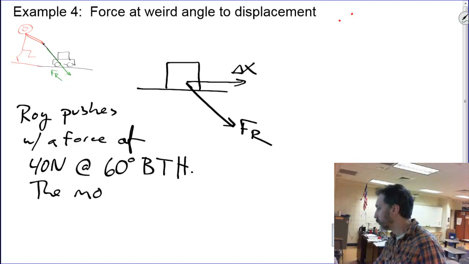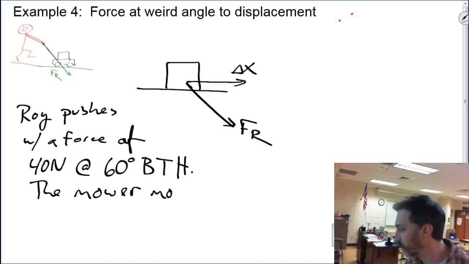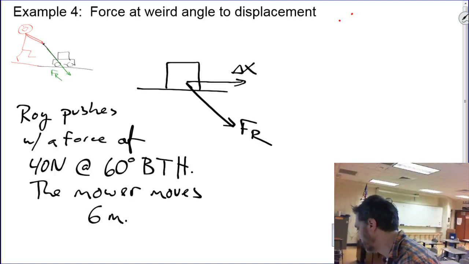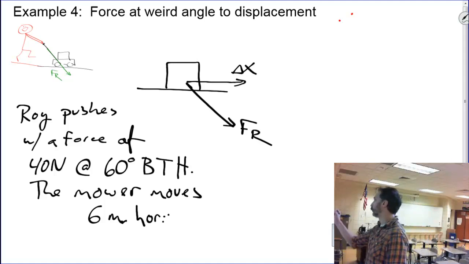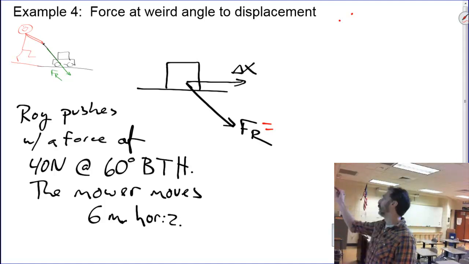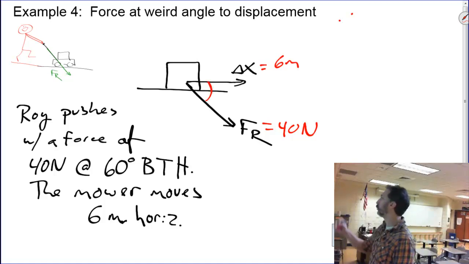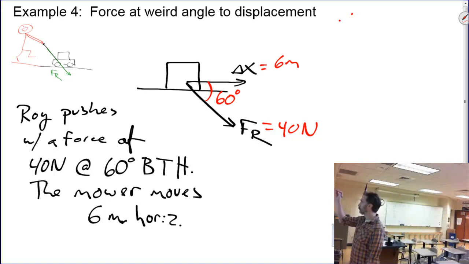And let's say the mower moves, how about 6 meters horizontally. So the force of Roy here is 40 newtons, our displacement is 6 meters, and this angle here is 60 degrees below the horizontal.